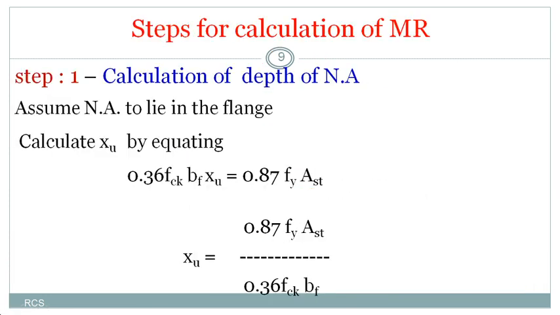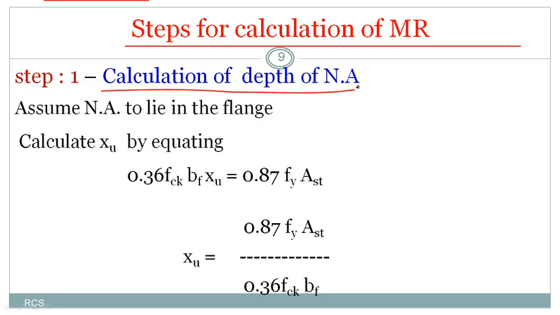So let us see some steps for calculating the moment of resistance in this case. That is case number 2b, when your flange is not fully stressed, or partially stressed. The first step is calculation of the depth of neutral axis. This depth of neutral axis will be calculated by assuming the neutral axis lies in the flange region.